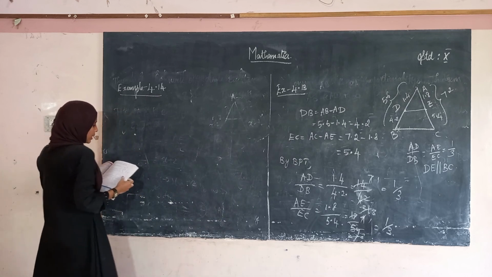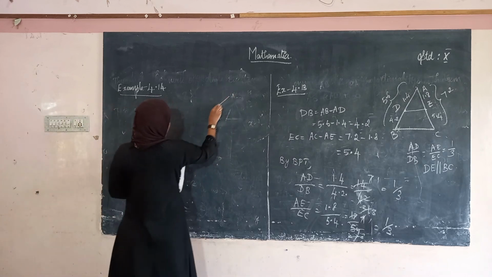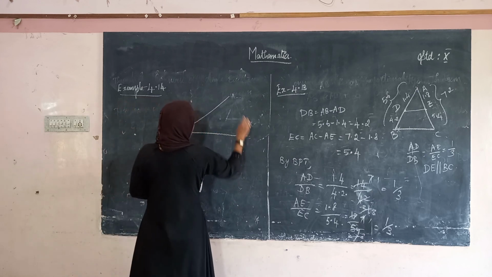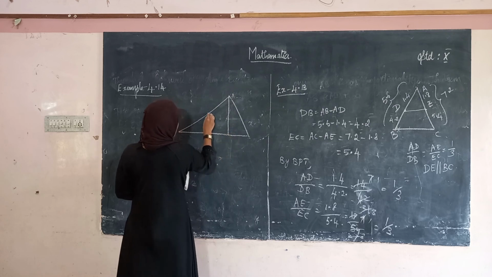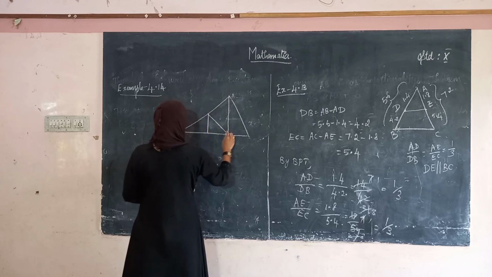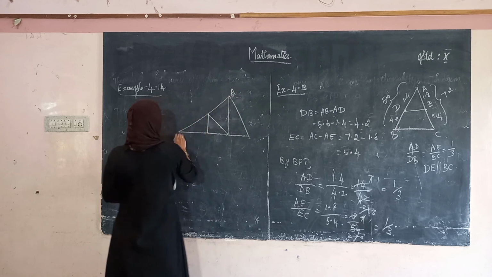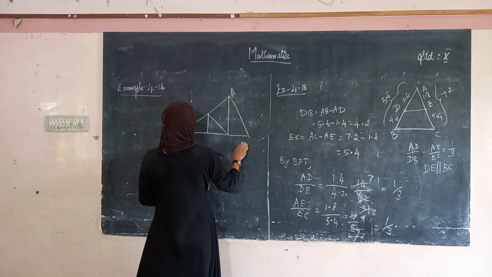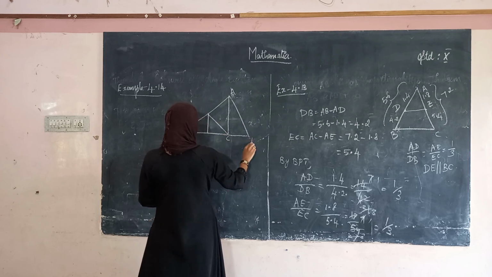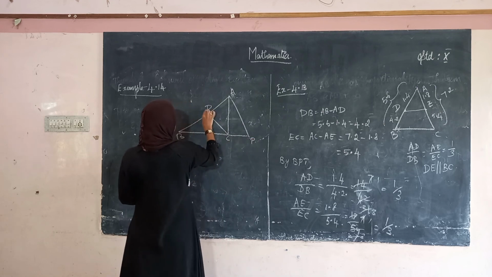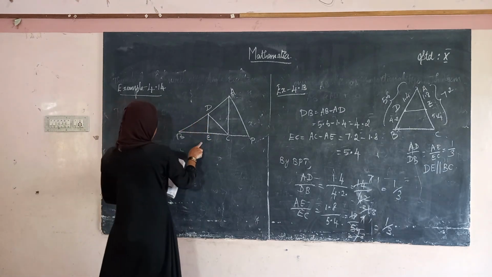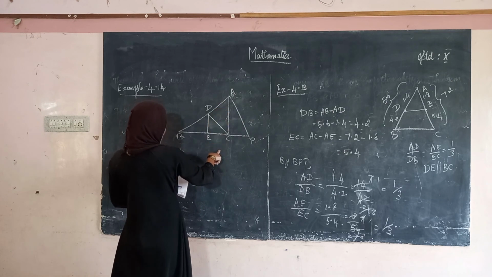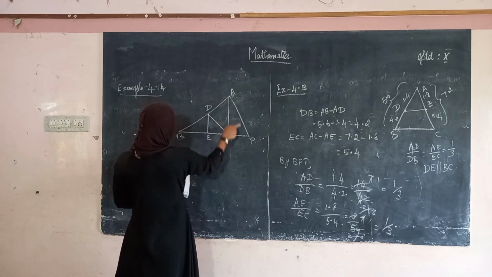In the figure 4.38, the diagram is like this: A, B, C, D, E. In the figure 4.38, DE is parallel to AC and DC is parallel to AP.